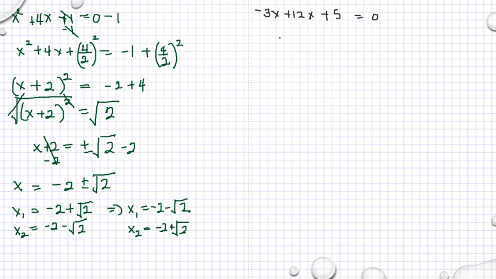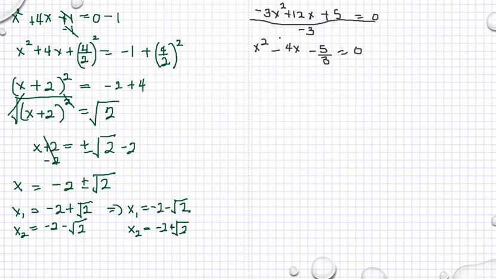Here's another example that I'm going to solve. The first thing that we're supposed to do is divide all the terms by the coefficient of x squared. This should be x squared, so that means dividing by -3. So we have x squared minus 4x minus 5/3 is equal to 0.